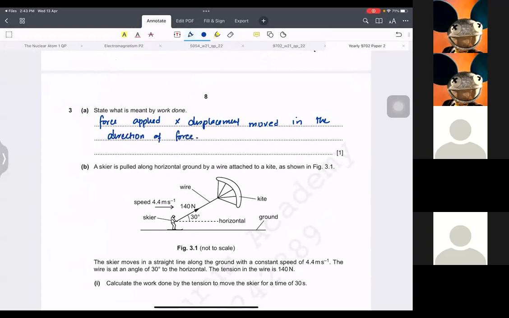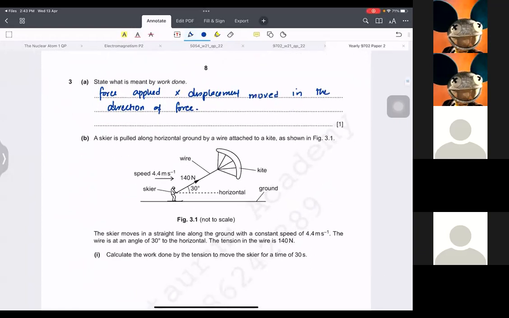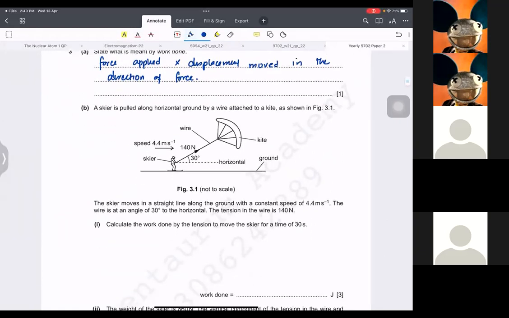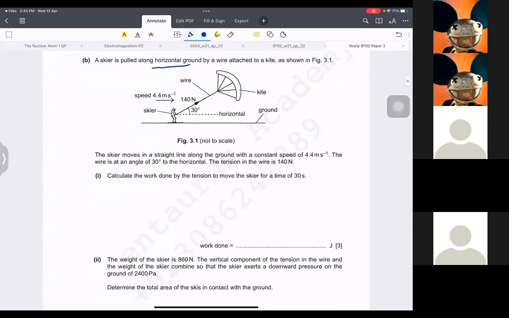Okay. Now, if you see, a sphere is pulled along the horizontal ground, right? The sphere moves in a straight line at constant speed, at an angle of this. The tension is 140. Calculate the work done by the tension moving the sphere in a time of this. Now, it's very important. So first of all, we want to find the displacement.